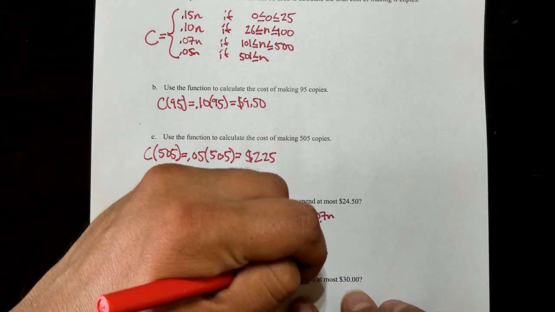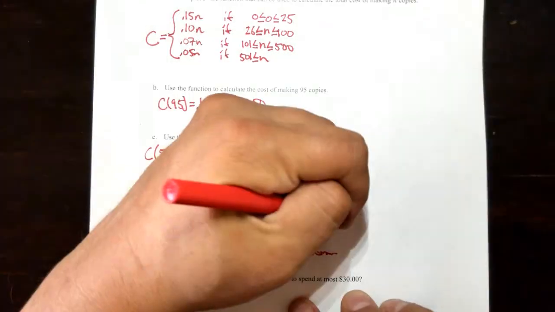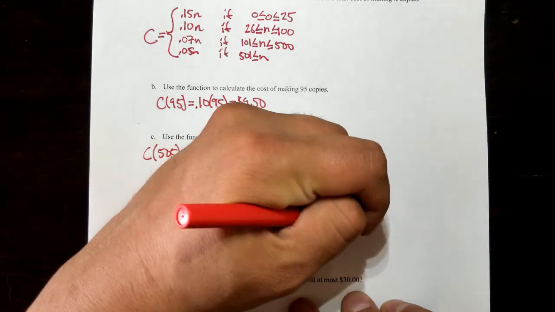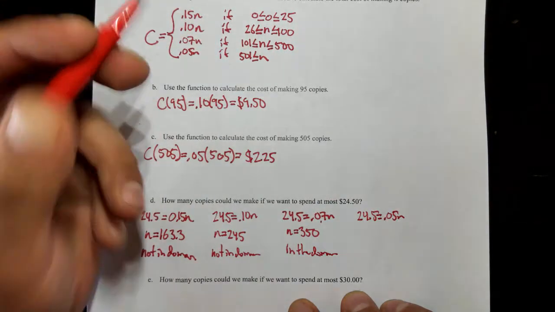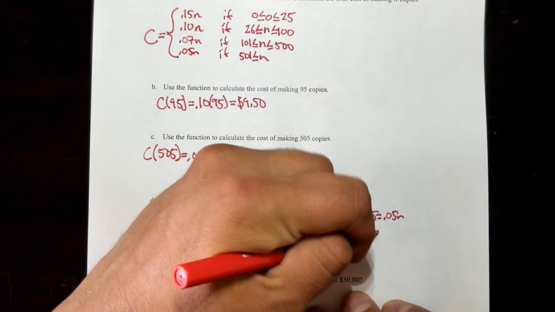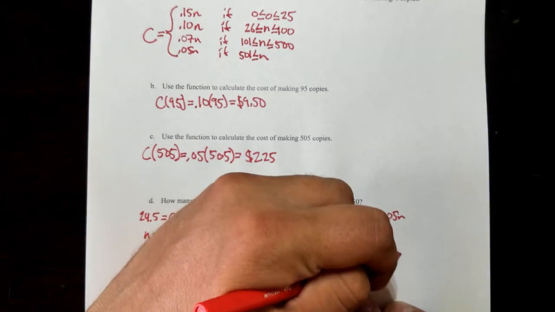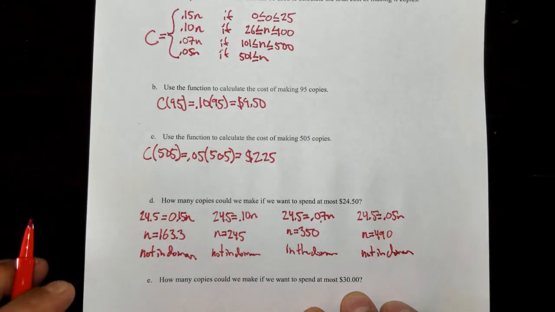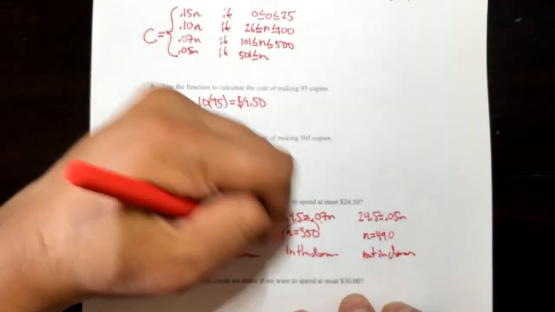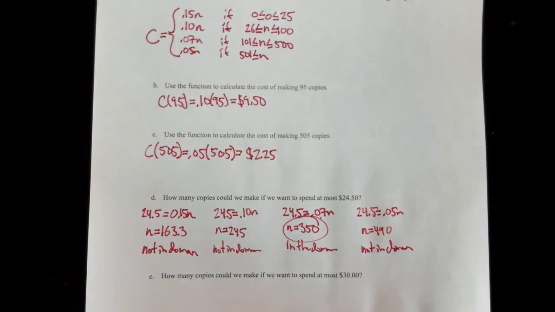Let's just check the last one for fun. 24.5 equals 0.05n, so n would be 490. That's not in the domain. So how many copies could we make if we want to spend $24.50? 350 copies.